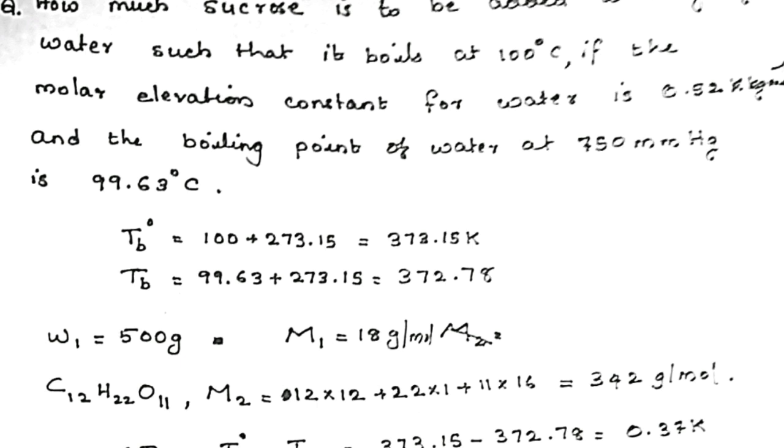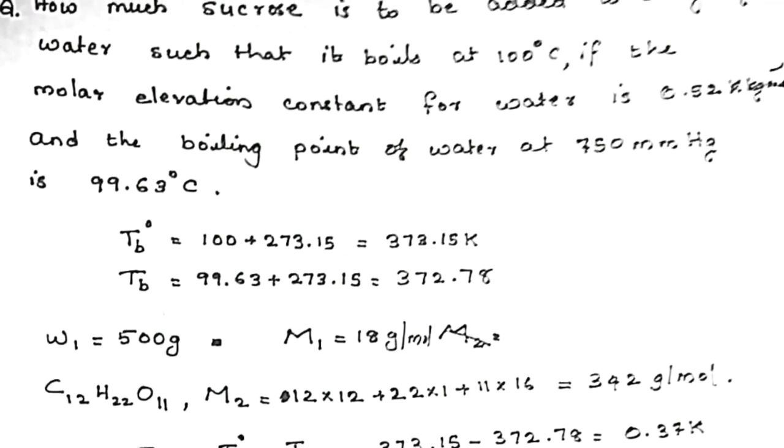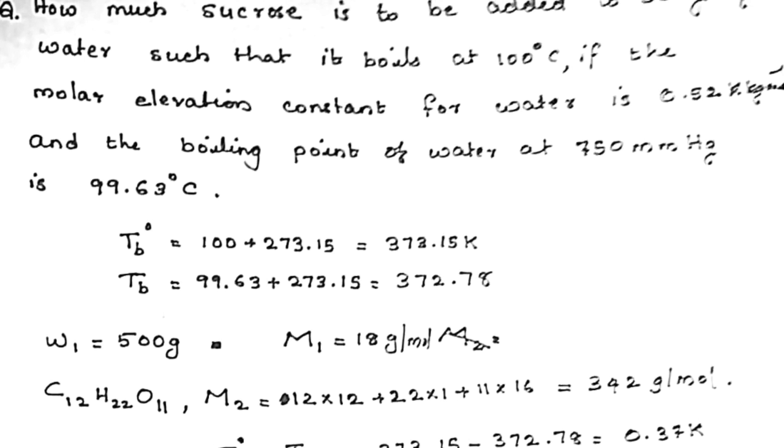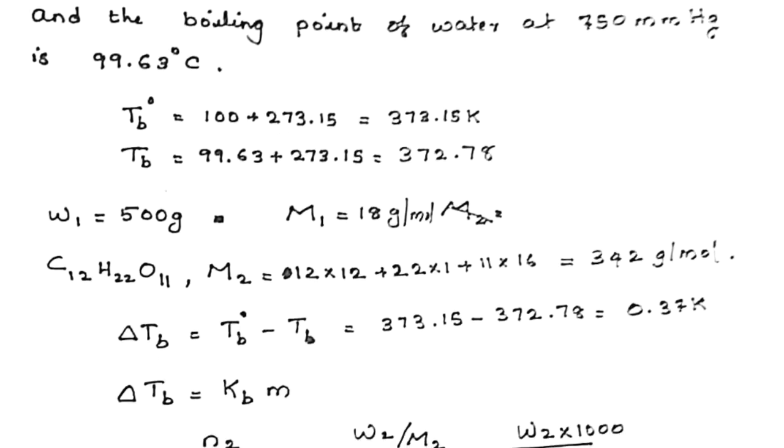Then we know that here delta TB, that is the elevation of boiling point, can be found from the equation delta TB is equal to TB minus TB0, where TB0 is for the pure solvent and TB is for the solution.